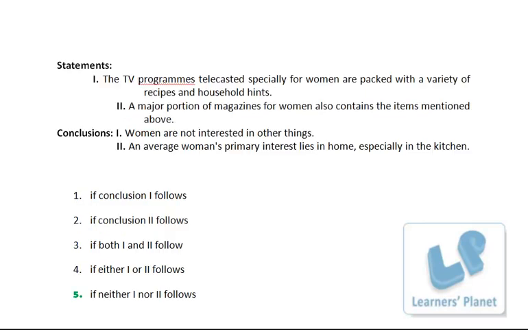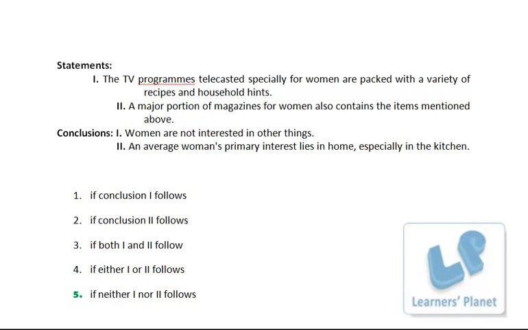Statements: The TV programs telecasted specially for women are packed with a variety of recipes and household hints. A major portion of magazines for women also contains the items mentioned here. That means a variety of recipes and household hints, tips for their day-to-day household working, right? The conclusion here: women are not interested in other things.